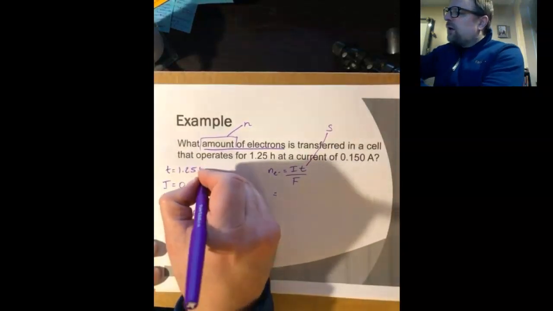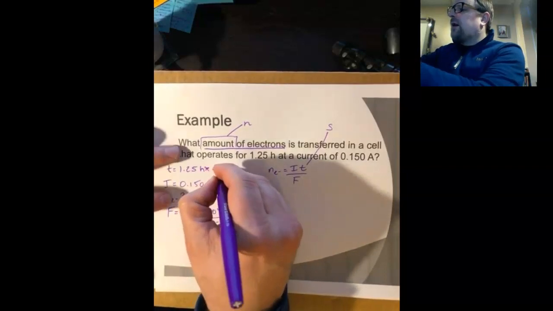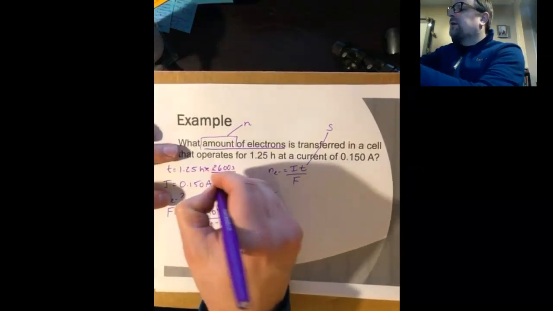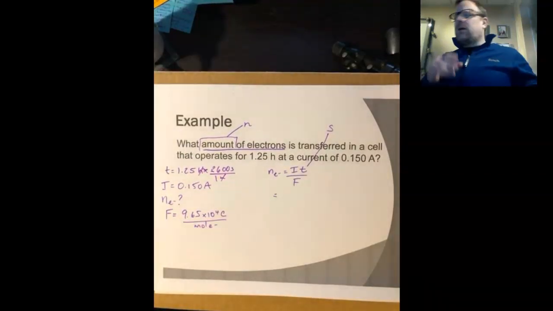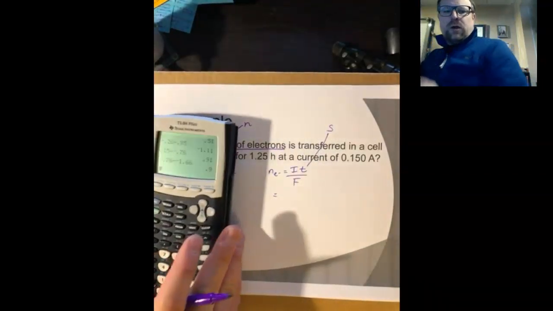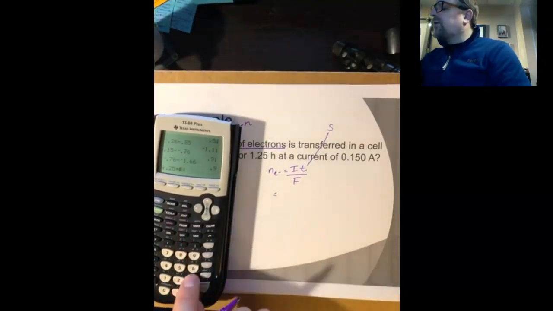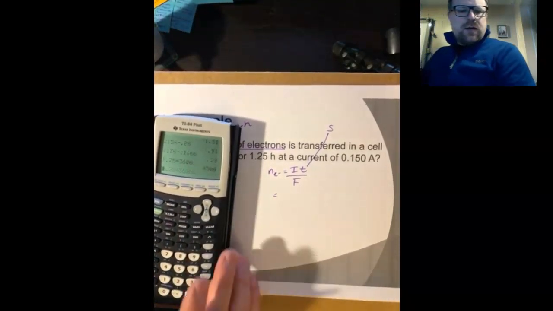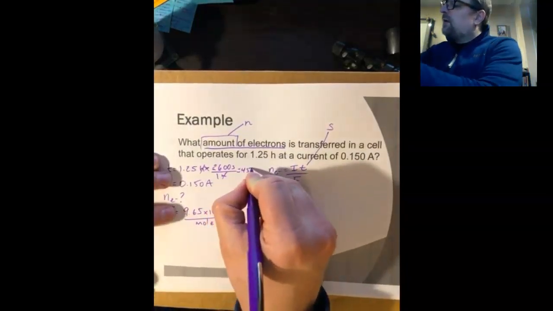So I'm going to quickly convert this to seconds. There are 3,600 seconds in 1 hour. So I can grab my calculator and do 1.25 times 3,600, and that gives me 4,500 seconds.